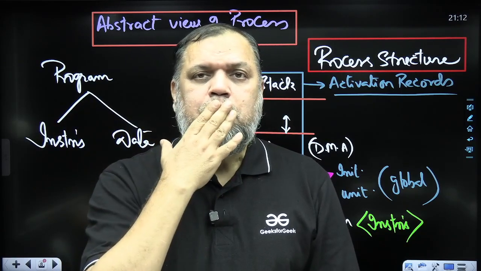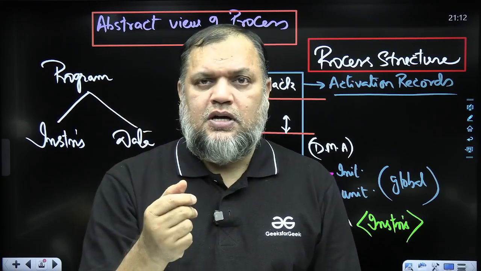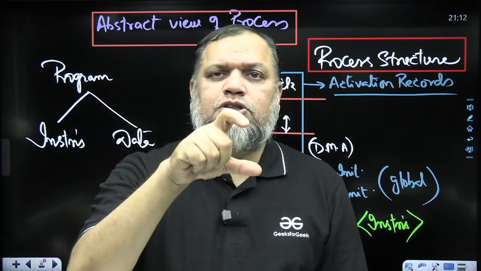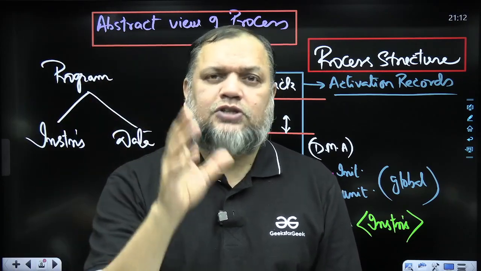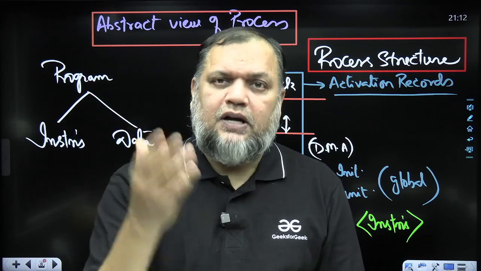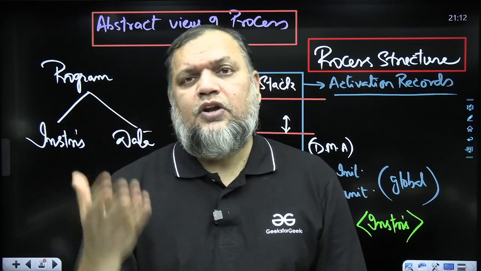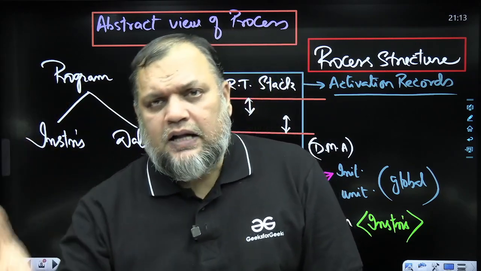Then memory related attributes: size of process measured in bytes, memory limits where the process is stored, and depending on memory management, if I use paging, the page table address, page table base register, PTBR. If the process is using some files, file IDs, file descriptors, the list of files in use by the process, list of devices in use by the process, other accounting information.